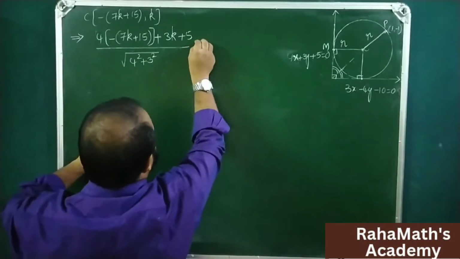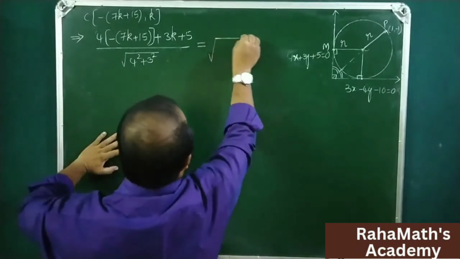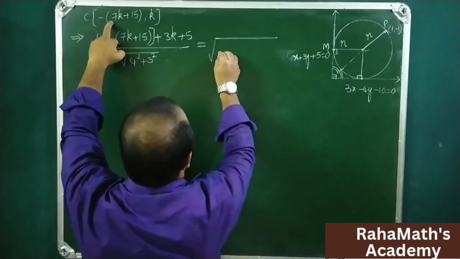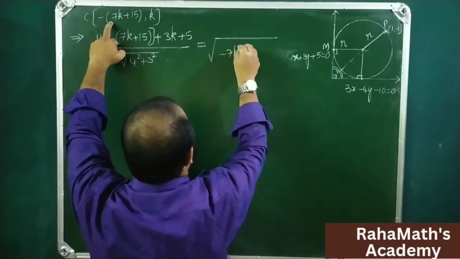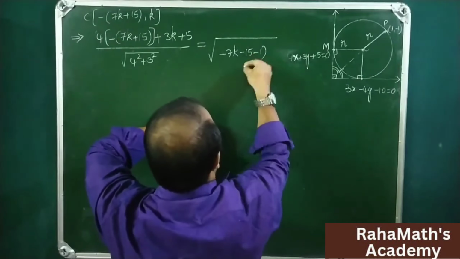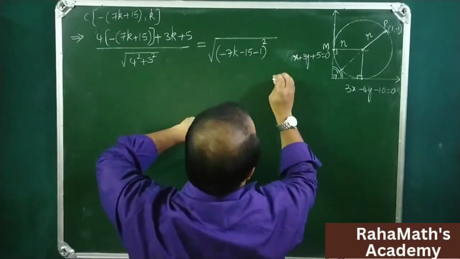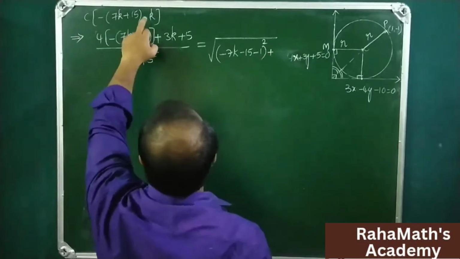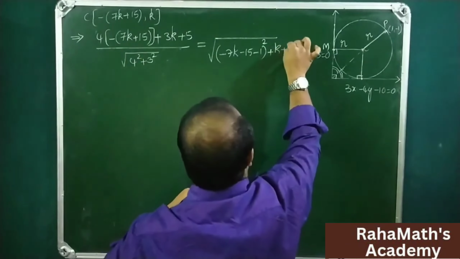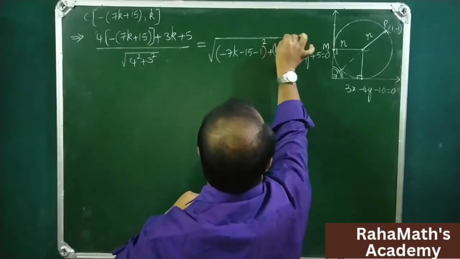is equal to square root of minus 7k minus 15 minus 1 whole square plus k minus of minus, so k plus 1 whole square.